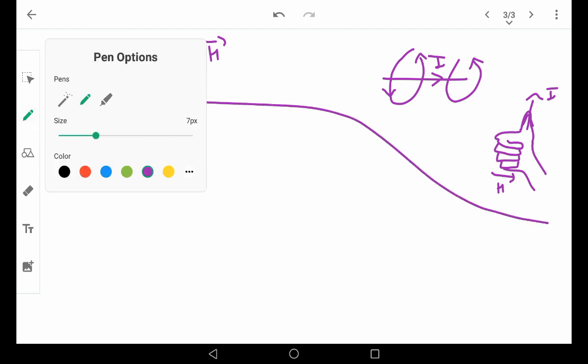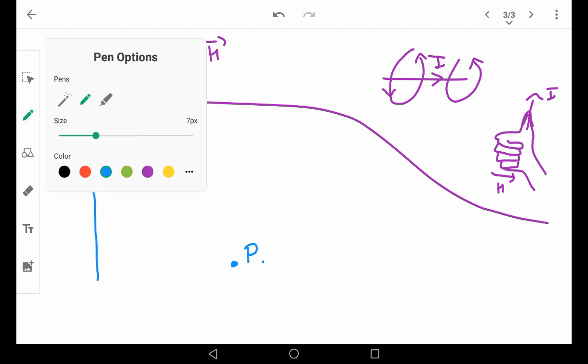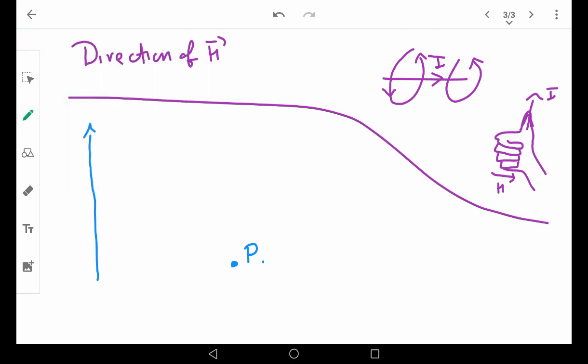Now we will see something else. Suppose I have a straight filamentary conductor like this, and I have a point P here. The conductor extends from this point to here, the filamentary current conductor.